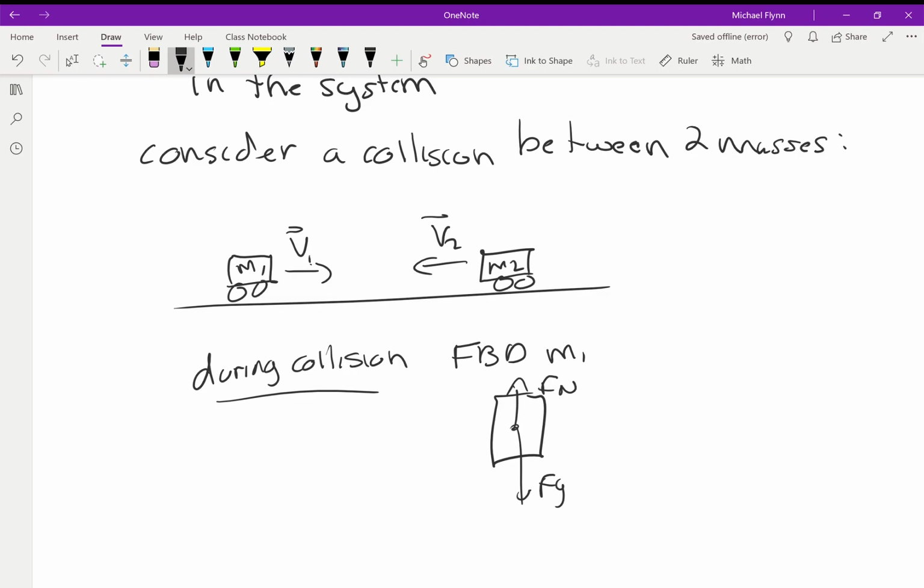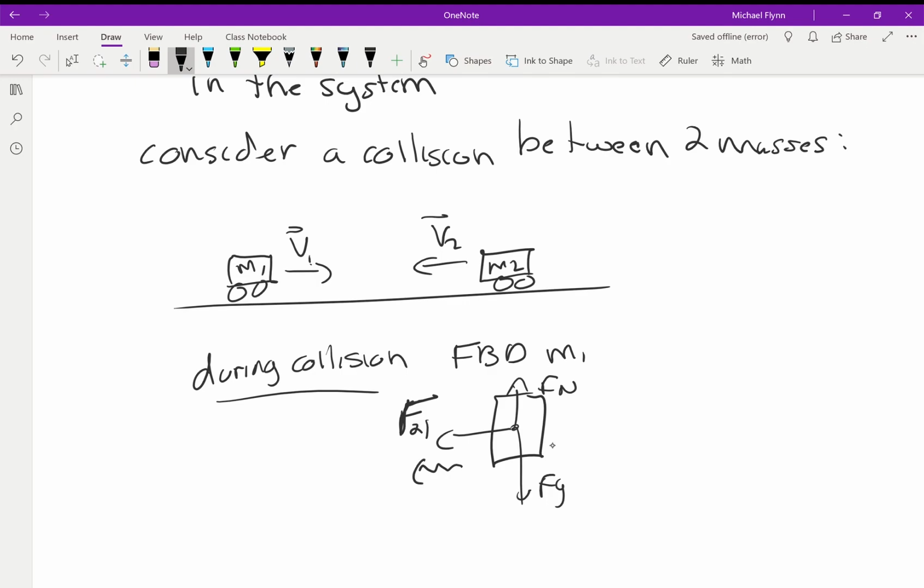They cancel out anyway, we don't really care. But mass 2 is going to push that object this way. I'm going to label this force 1, 2. Sorry, let me change that: the force of 2 on 1. It's the force of mass 2 pushing on mass 1.